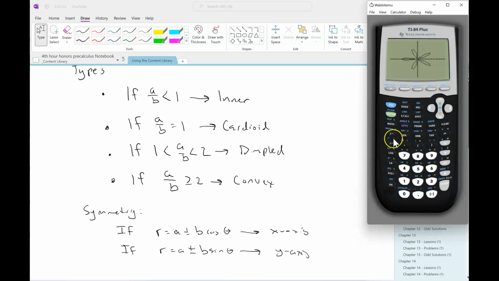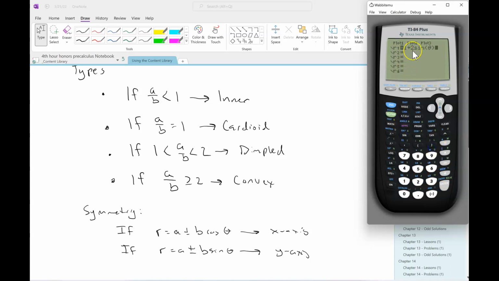So let's look at a couple of pictures here. I'm going to fix my window a little bit so it produces a decent picture. This is why I had the axes turned off earlier, so it's easy to see these things. All right, so let's say we have 1 plus 2 sine theta.